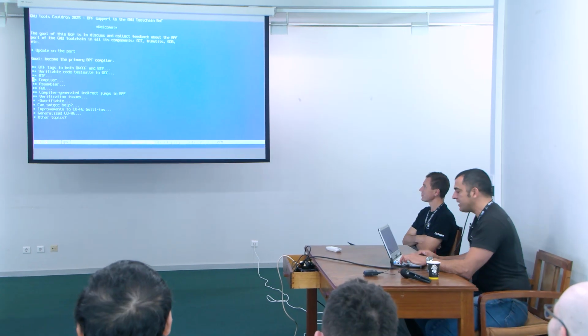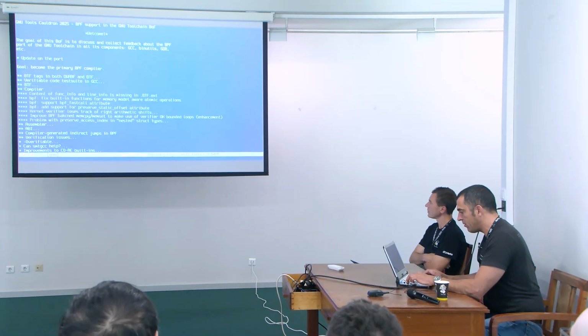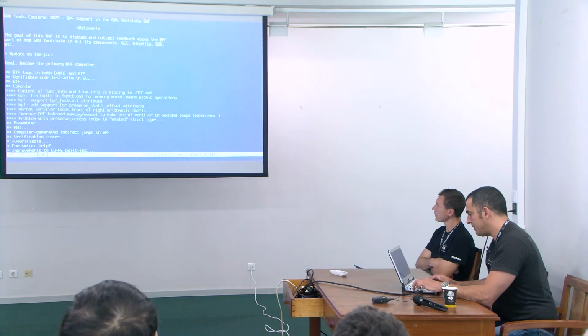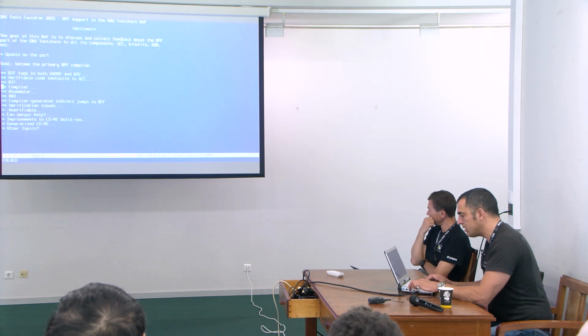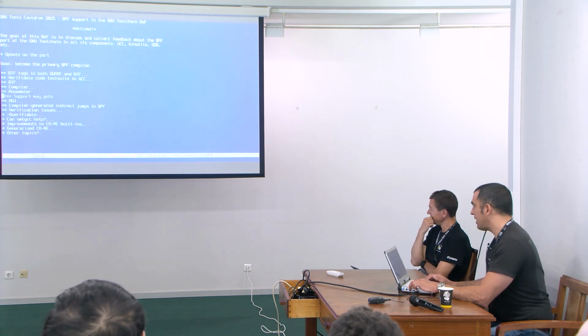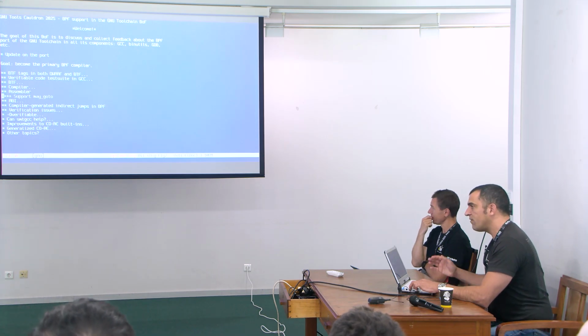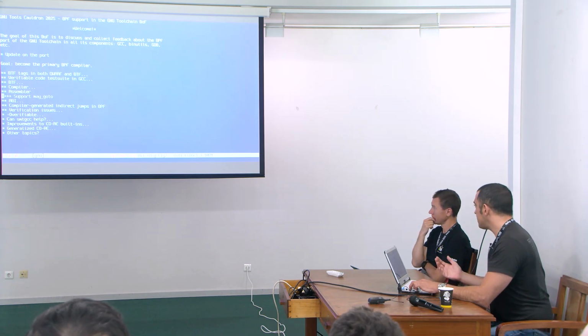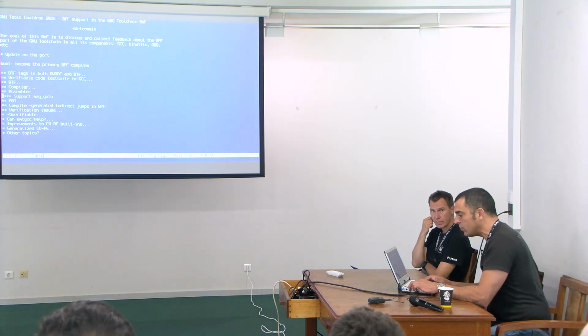Then we still have some issues and some bugs open in the compiler, nothing big or very traumatic, but we need to get to those things. In the assembler, we still have to support may_goto, and there are also some optional BPF features that we are not supporting that are accumulating there. So we have to take a look at those things too.